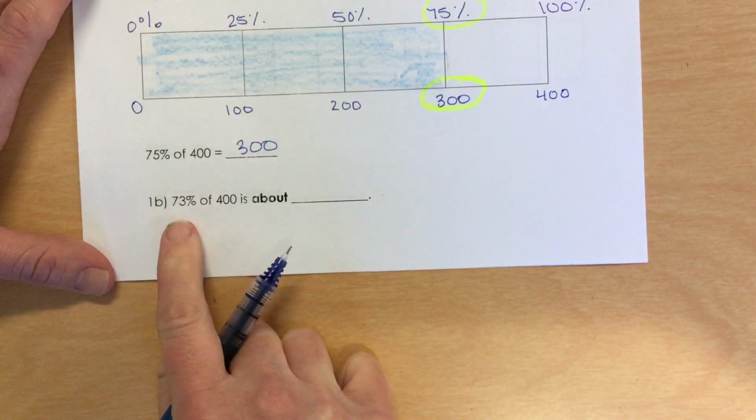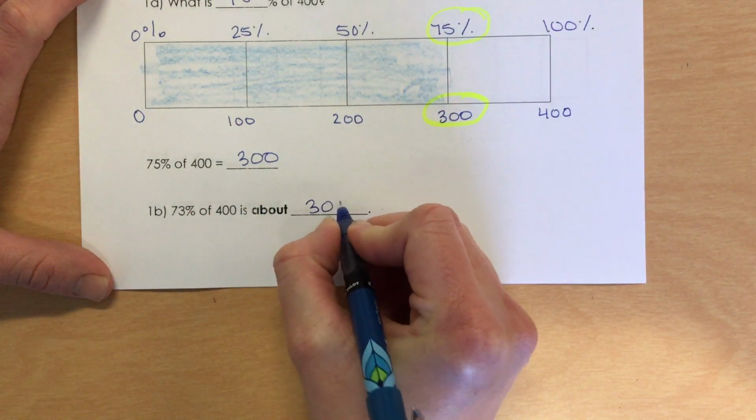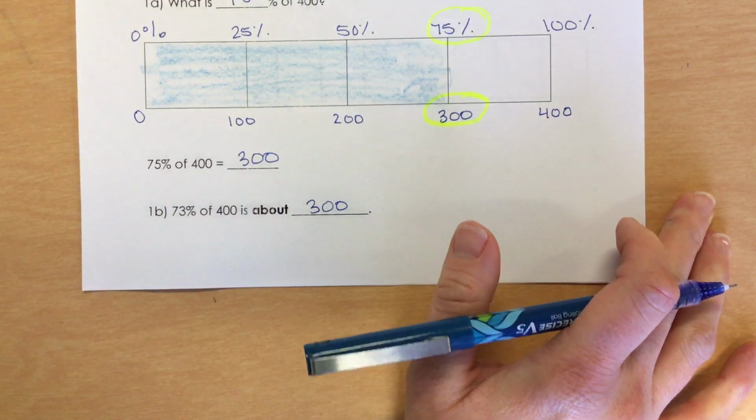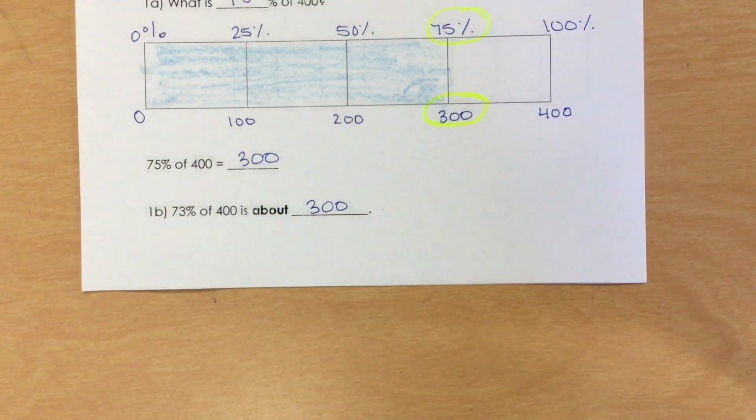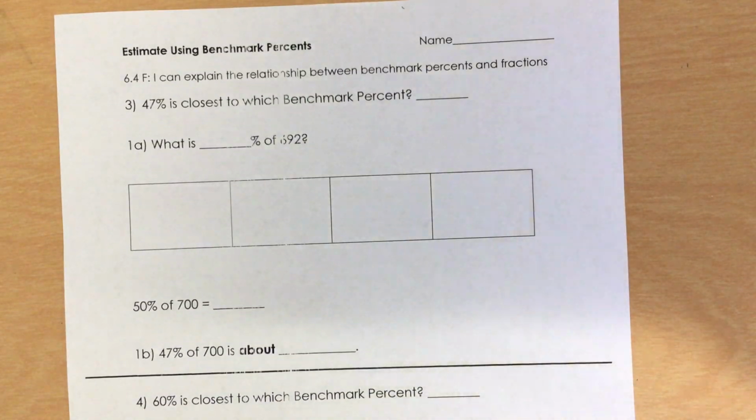Okay, so that means that 73% of 400 is about 300. In reality, we know it'll be just a little bit less because 73 is less than 75, but remember, we're just estimating. All right, number 3.